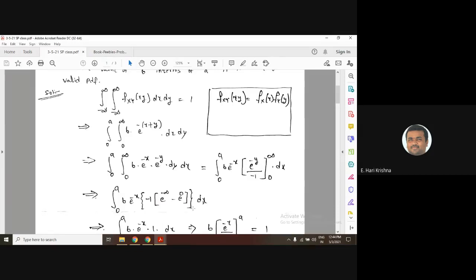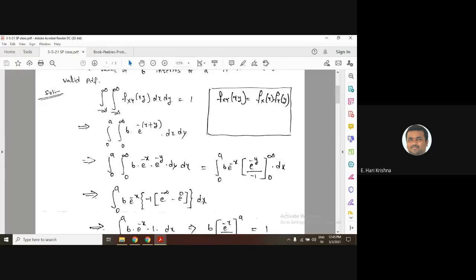So minus 1 written here, substituting the integral limits, e power minus infinity minus e power 0, and the integration left over is dx. Always remember that e power minus infinity is 0, e power 0 is 1, e power plus infinity is infinity.